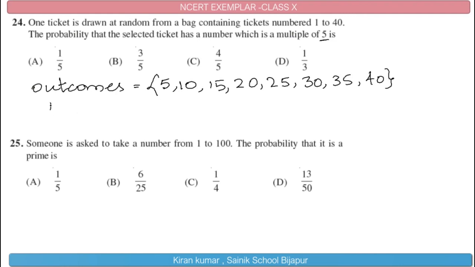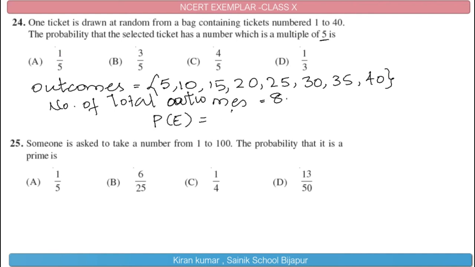So the number of favorable outcomes is 8. The probability of the event is 8 upon 40, because the total number is 40. So the probability is 1 upon 5, and this verifies option A is the right answer.